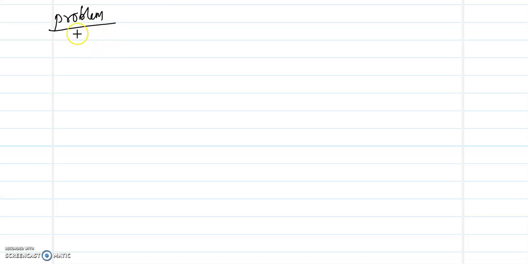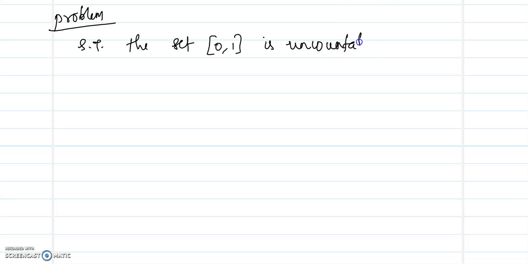So let us see a problem. Show that the closed interval 0, 1 is uncountable. So we will use the concept of outer measure to show that the set 0, 1 is uncountable. So let us look at the proof of the result.